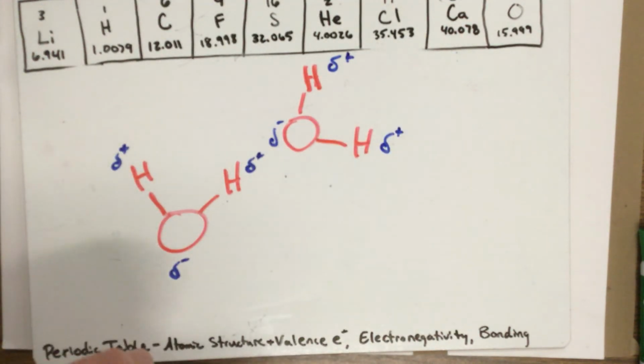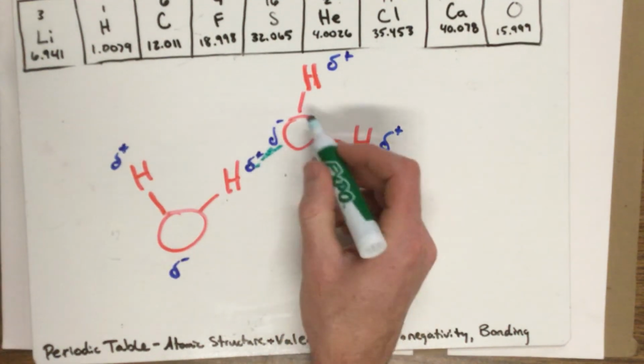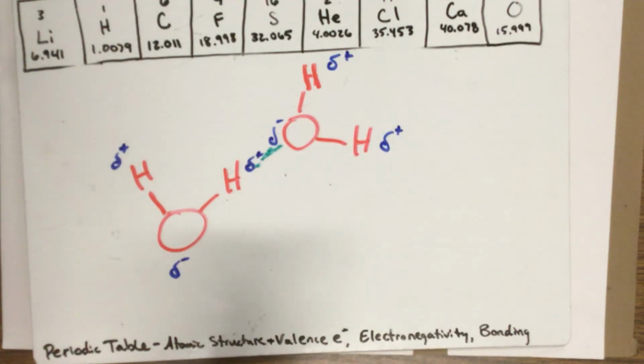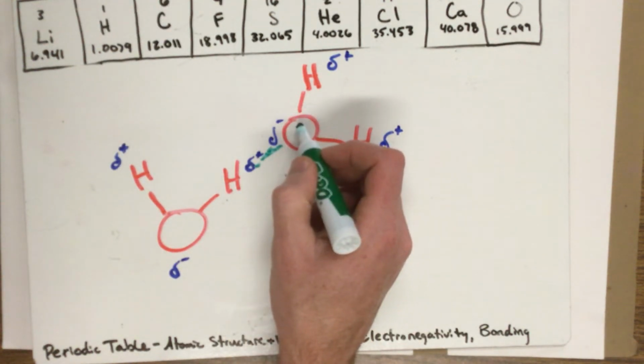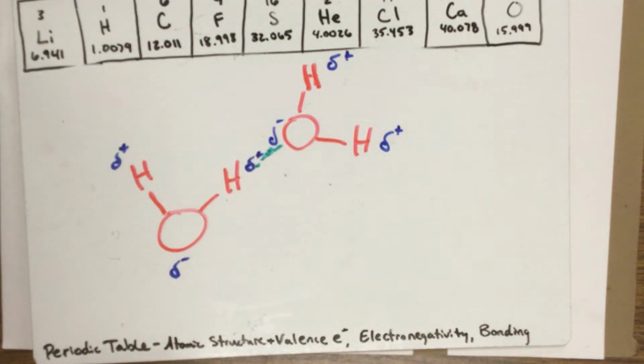There's going to be a weak attraction right here between the oxygen of one water molecule and the hydrogen of another water molecule. Why? Because this oxygen is partially negative, this hydrogen is partially positive. They attract to each other. You've seen this before.